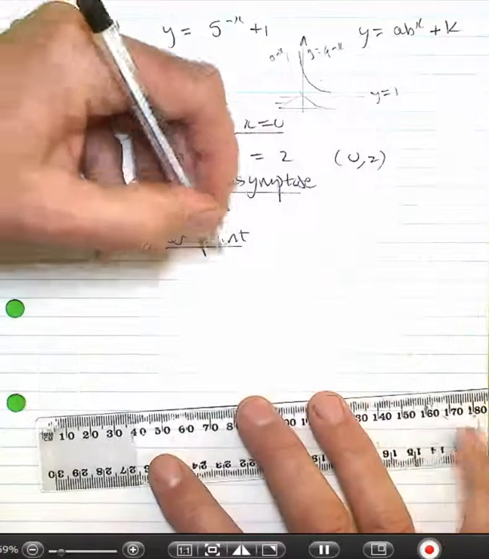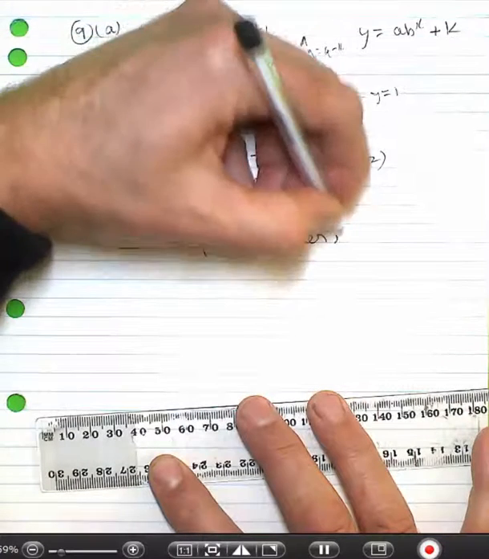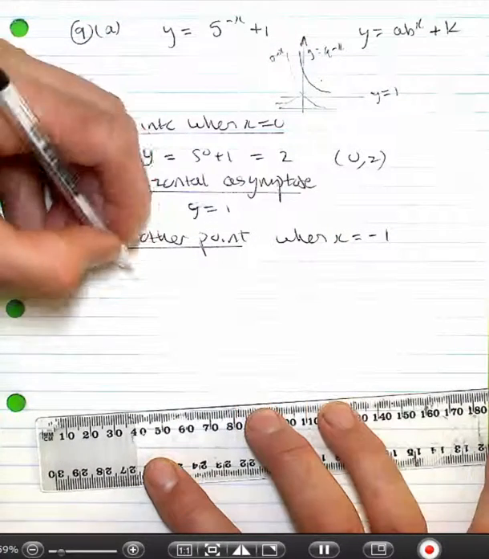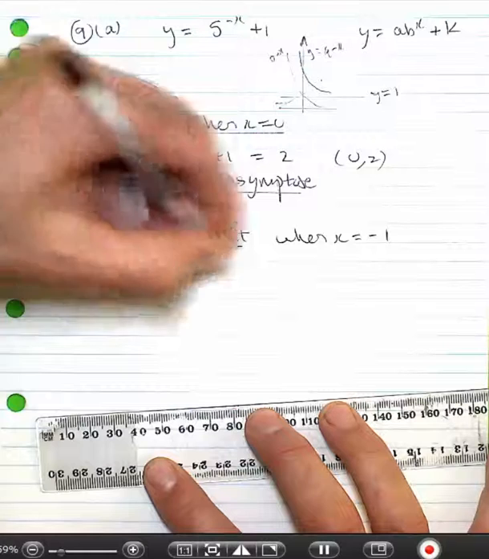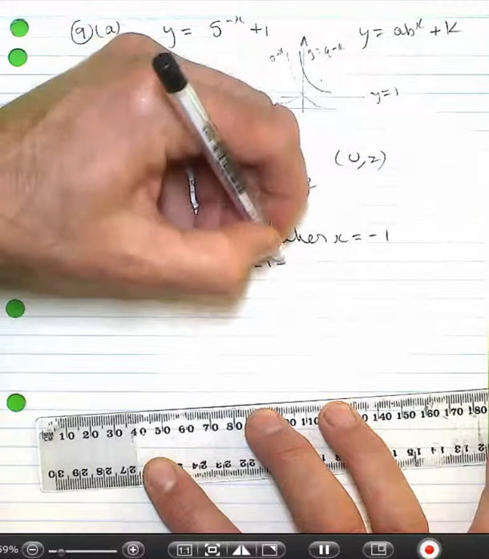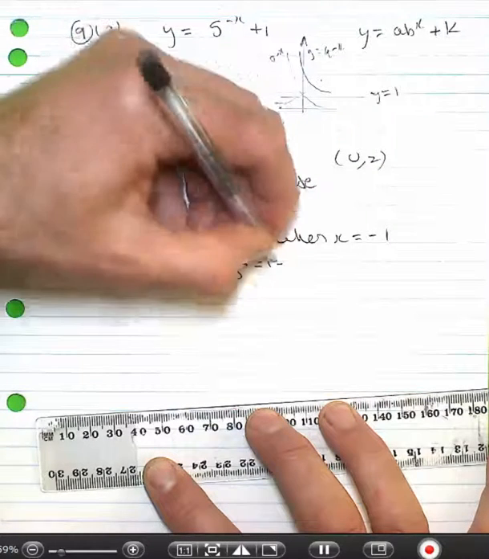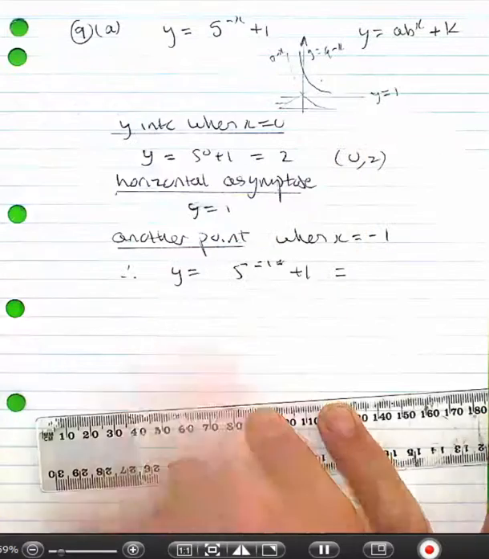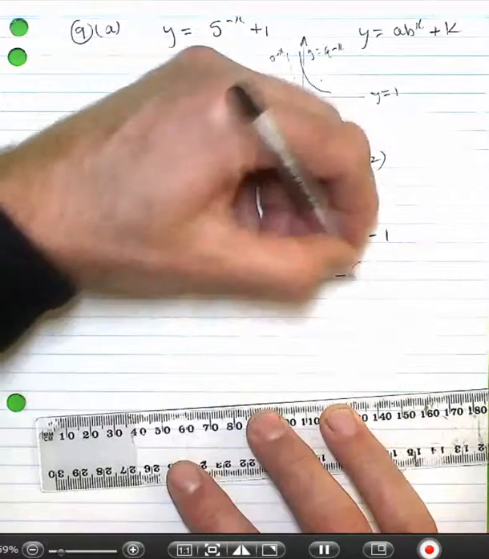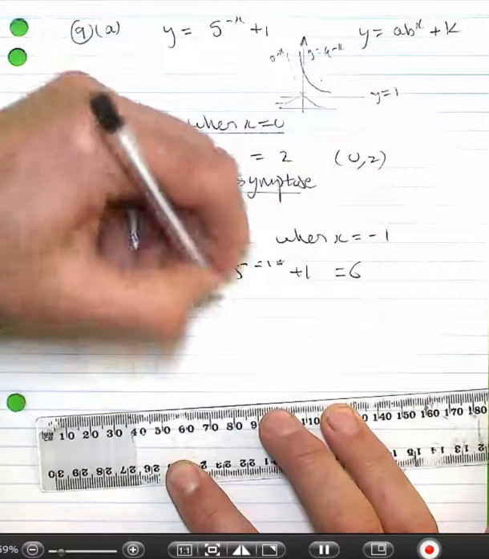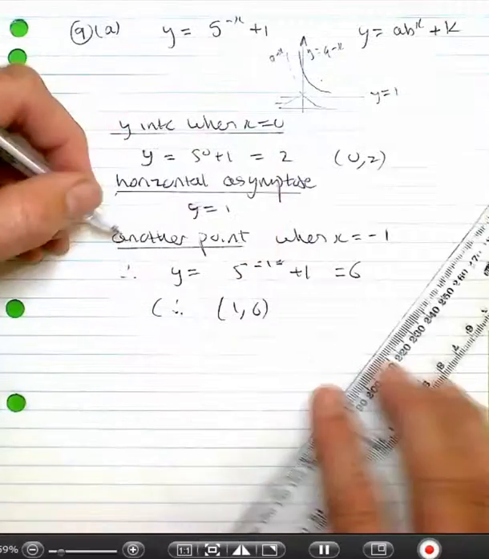So another point occurs, say, when x is equal to -1. So that will give me a total of 6. So therefore, (-1, 6).